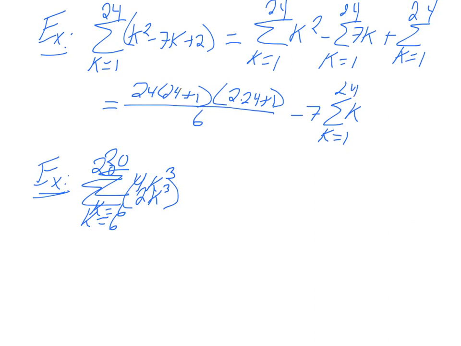And then, whoops, this one, I forgot to have the 2 in there. And then the sum from 1 to 24 of just adding 2, 24 times, is just 2 times 24, right?